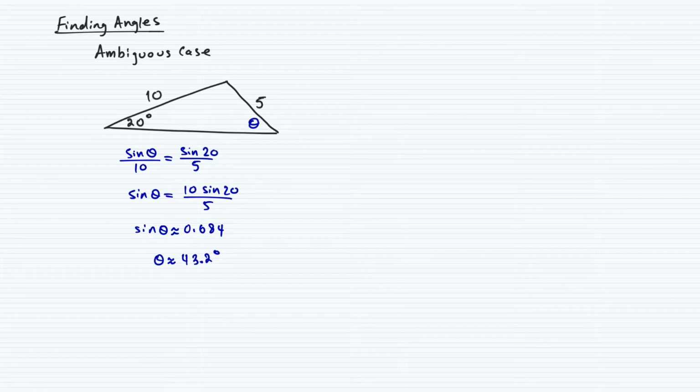However, we have to remember that in a unit circle, all the sine values, which are also the y coordinates of any points on a unit circle, are positive values.